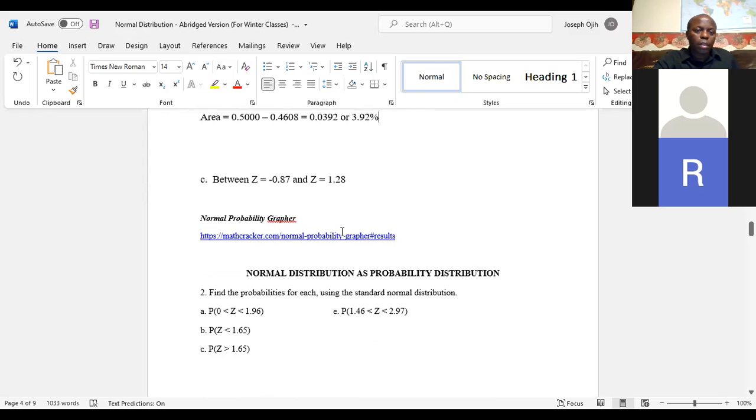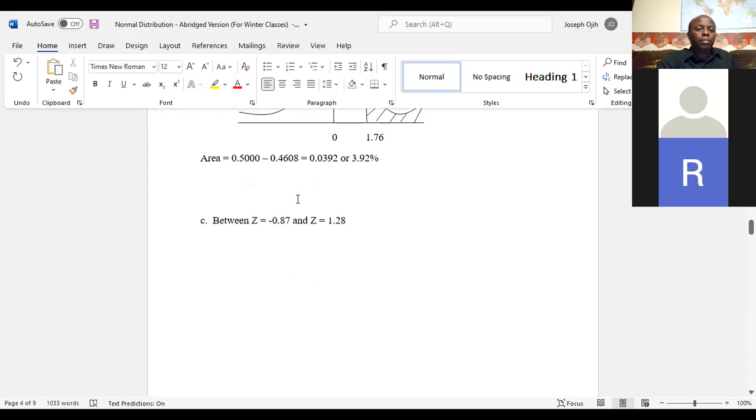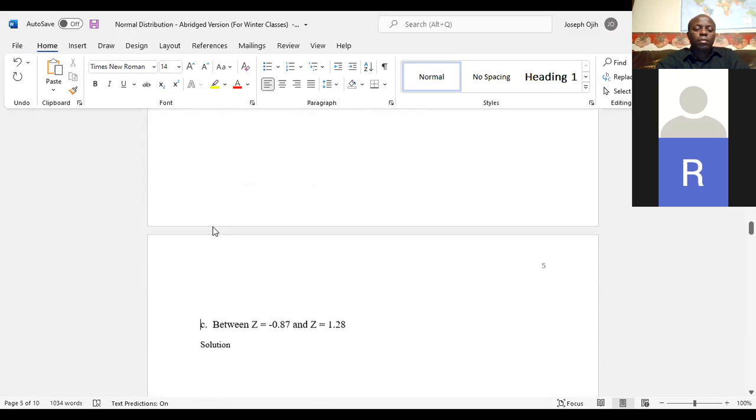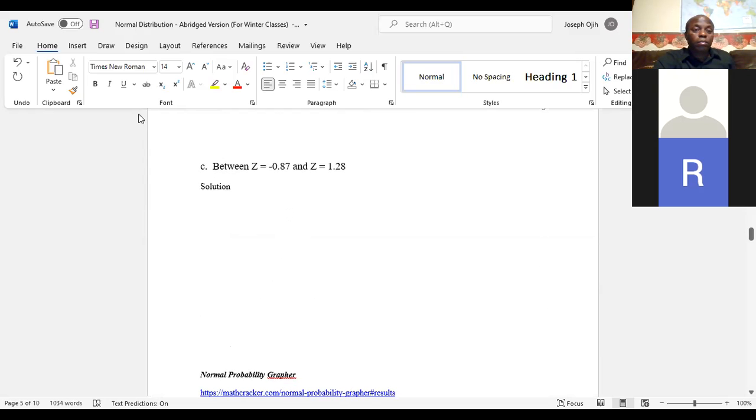Excellent. Now, part C says, again, you draw the solution. Let me move it down to this section until I can draw the chart.